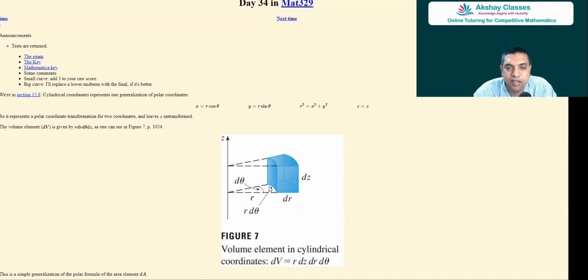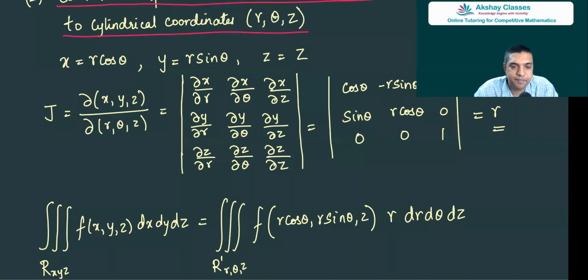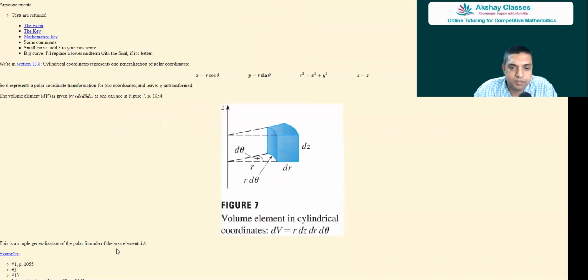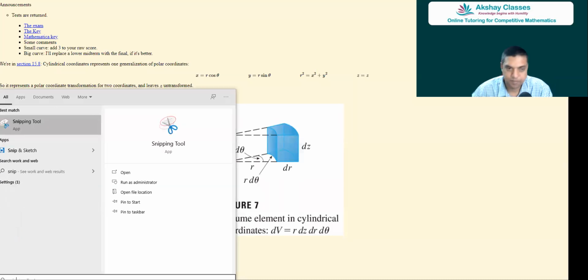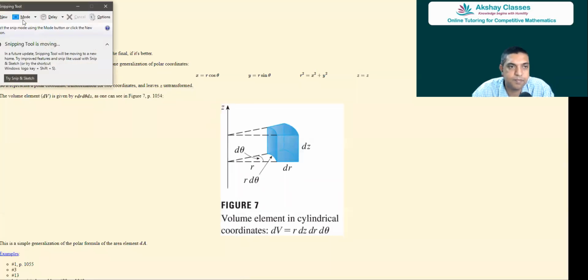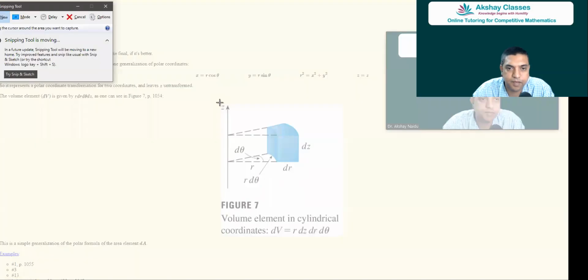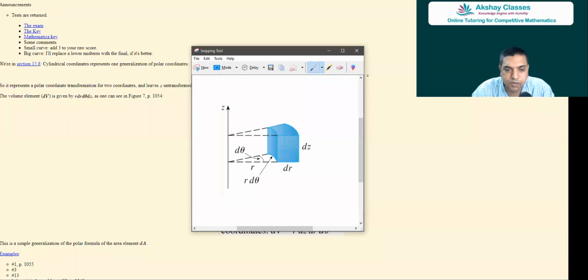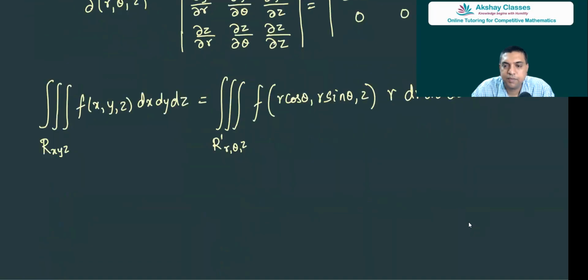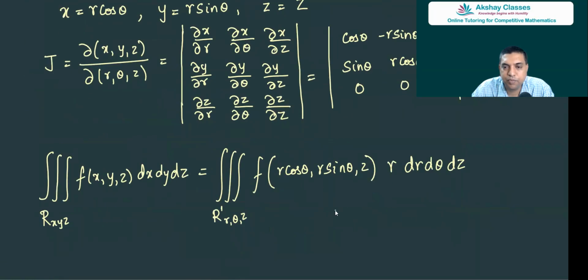So the product of the three sides will give you the volume. So this is dr, r d theta, dz. This is a good picture for reference.